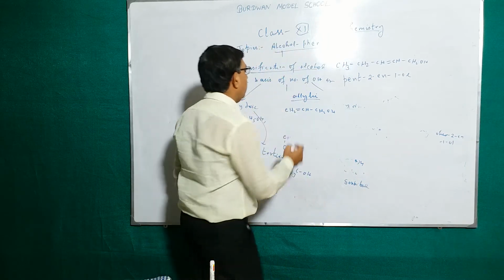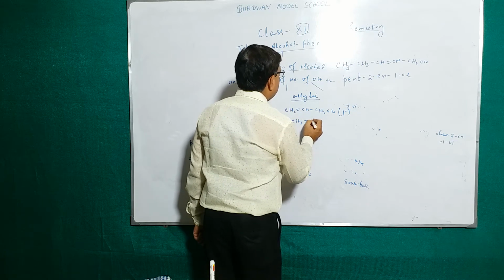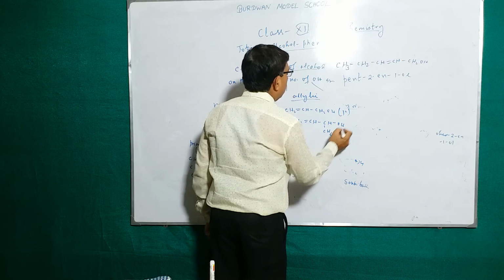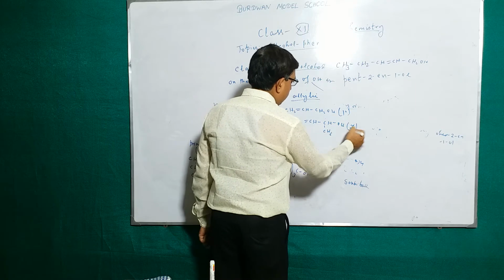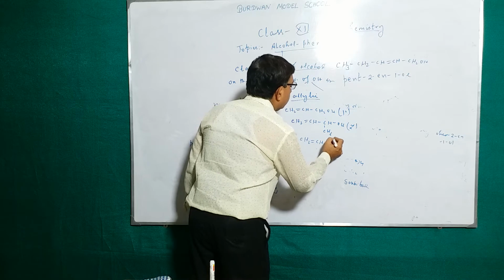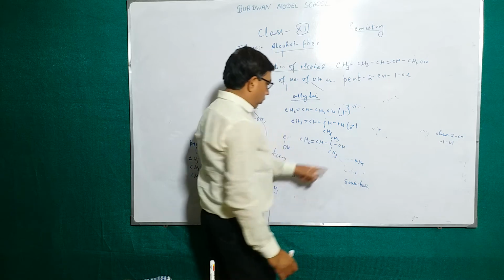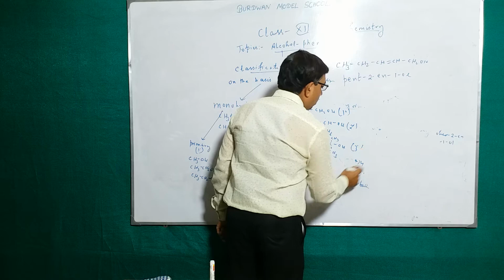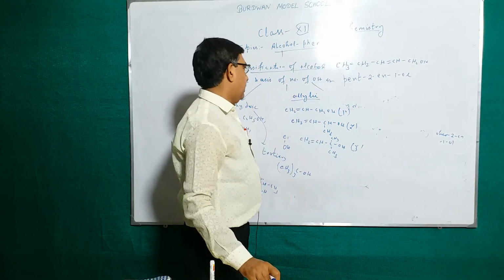This is primary allylic alcohol, 1 degree. CH2=CH-CHOH-CH3: the OH group is attached to a secondary carbon, so this is secondary alcohol. Again CH2=CH-C(OH) with two CH3: the OH group is attached to a tertiary carbon, so this is tertiary alcohol. So allylic alcohol is again 3 types: primary, secondary, and tertiary.